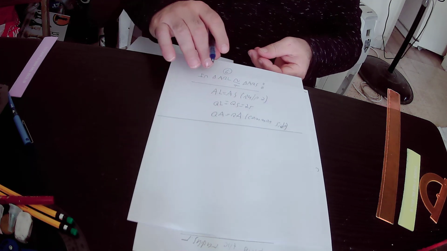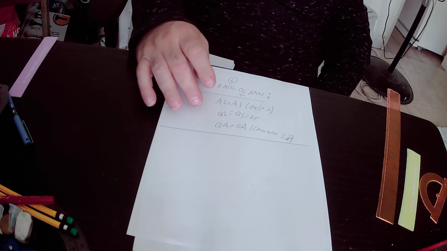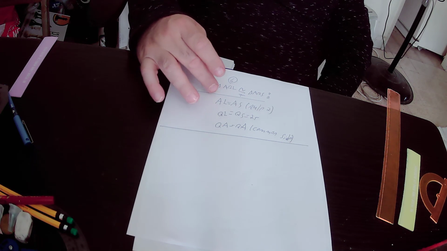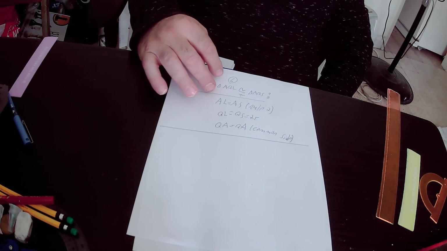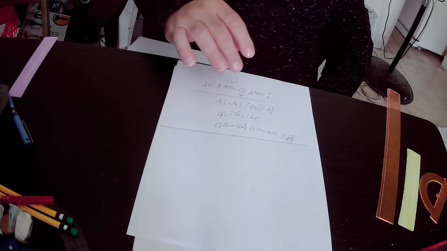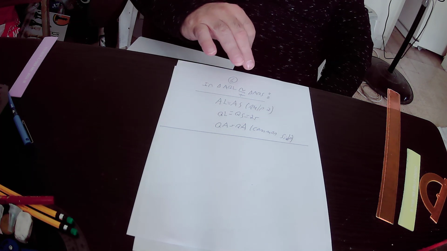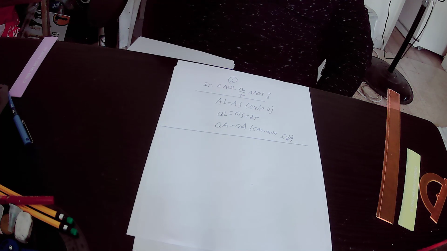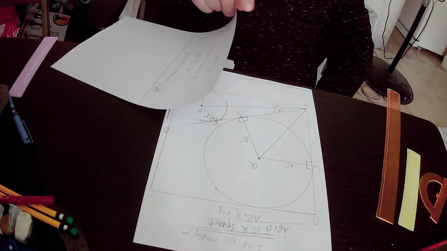So we actually proved that all the sides, 3 sides, 1, 2, 3 sides of the right triangle AQL are correspondingly equal to the 3 sides of the right triangle AQS. Therefore, we proved that those two right triangles can go into each other according to the side rule. So I will write it down.